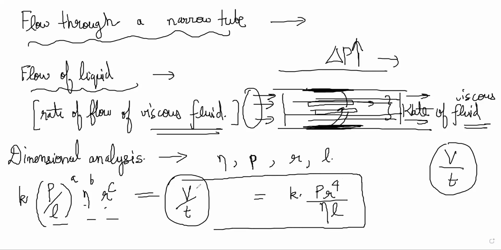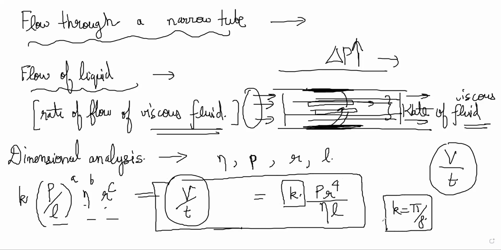Now notice that dimensional analysis can only take you so far. It cannot give you the value of K. The value of K he has just stated at the end, it is equal to pi by 8. It cannot be derived from dimensional analysis. The real derivation will tell you how pi by 8 comes.